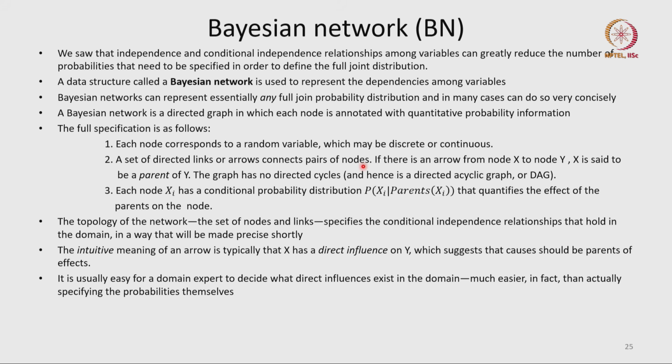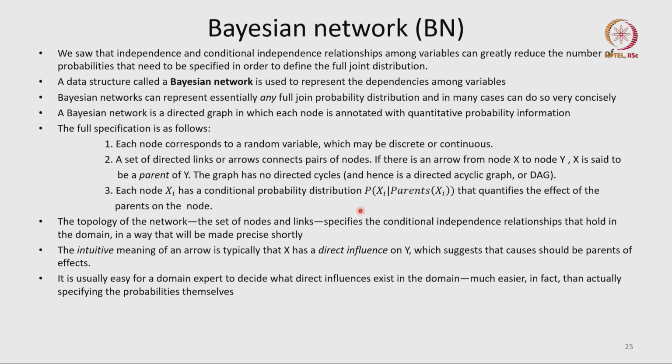This type of graph does not have any directed cycles, so you can say it is a directed acyclic graph. It is directed, but there are no cycles basically. And each node X i has what is called the conditional probability distribution, which is there in the conditional probability table.